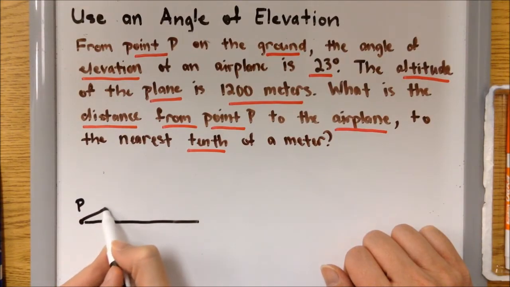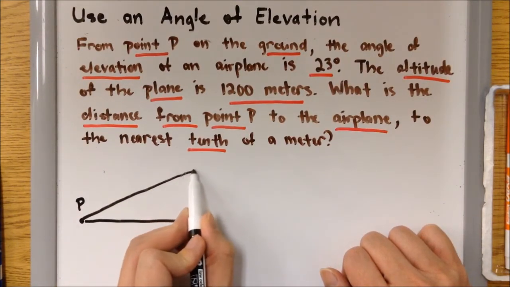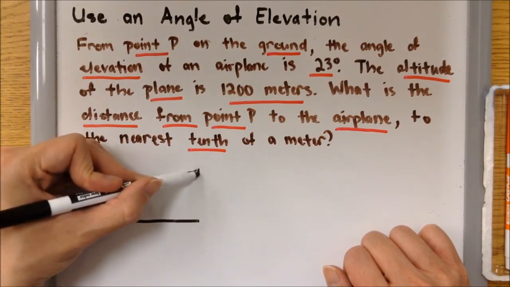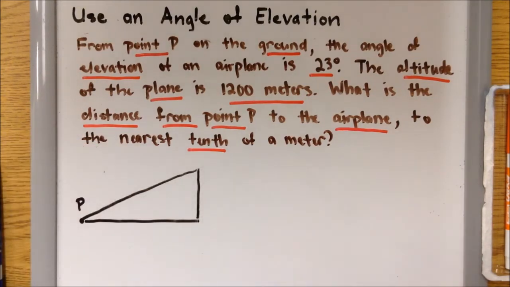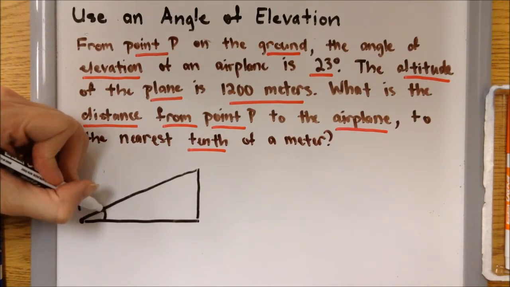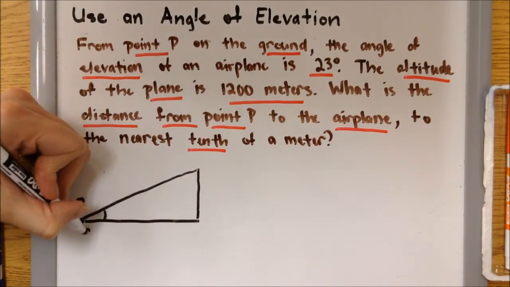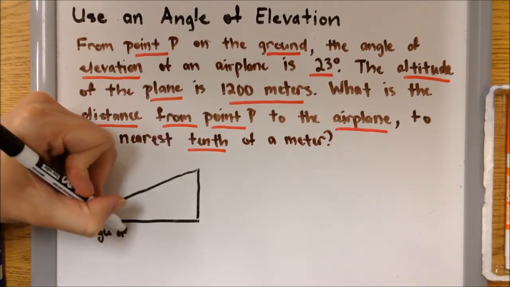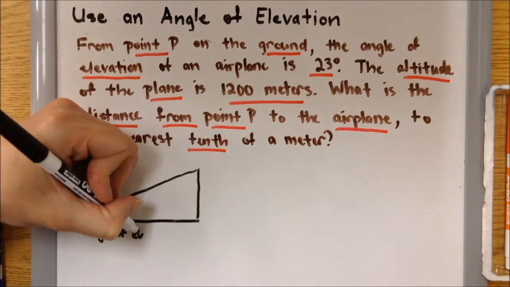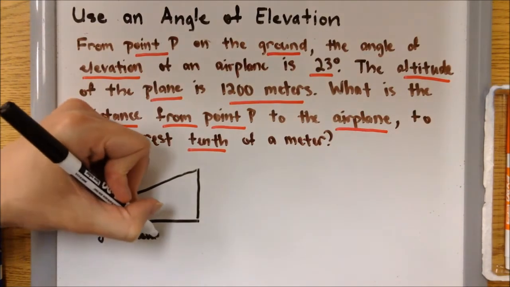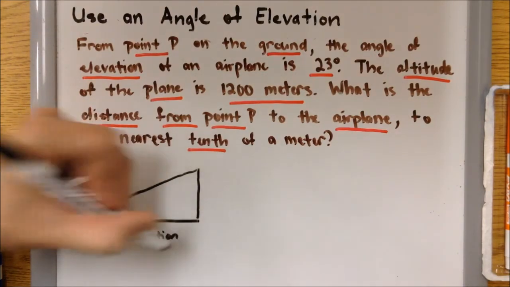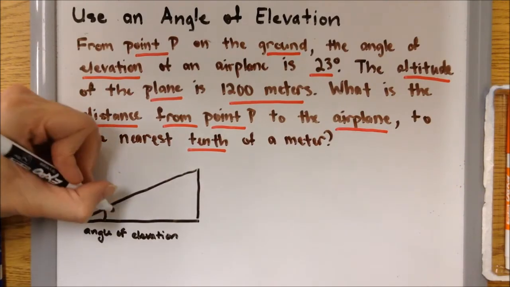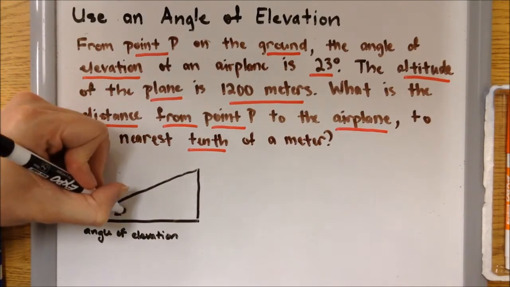So looking up to the airplane, the angle of elevation, which is right here, the angle of elevation is 23 degrees.